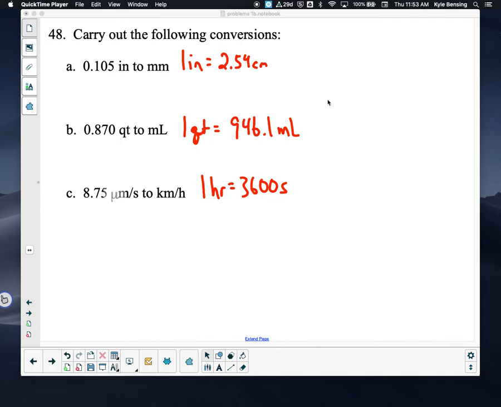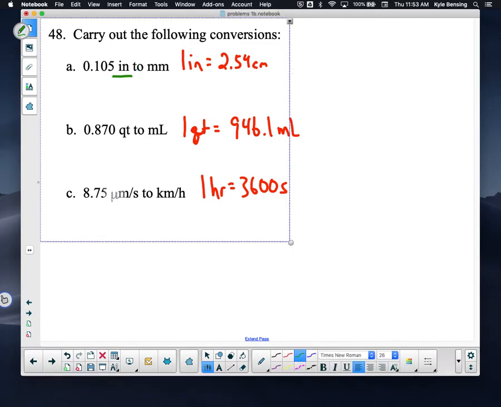I'm going to use the factor label method to go from one unit to another, from inches to millimeters. I'm going to write in green, so it's different from the red. Notice we're going from inches to millimeters, but my conversion is in centimeters.